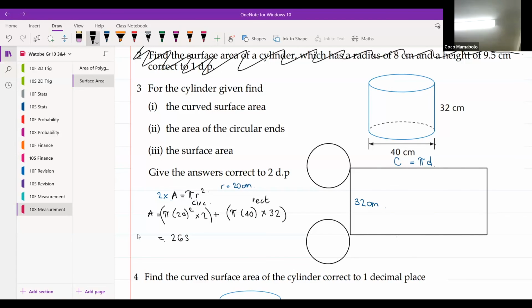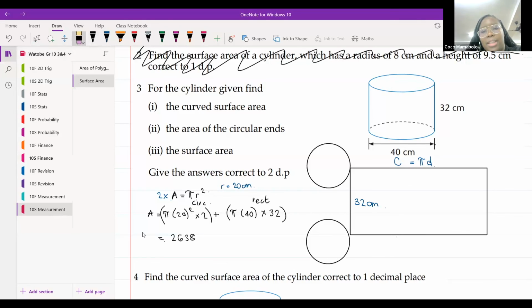2,630. I'm getting 2 conflicting answers, so I don't know who's correct. Oh, the other one is from the previous question. So it's 2,638.51 or 94.